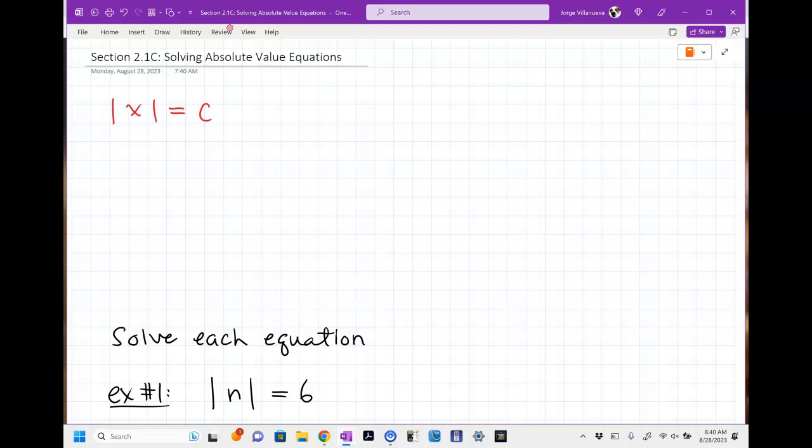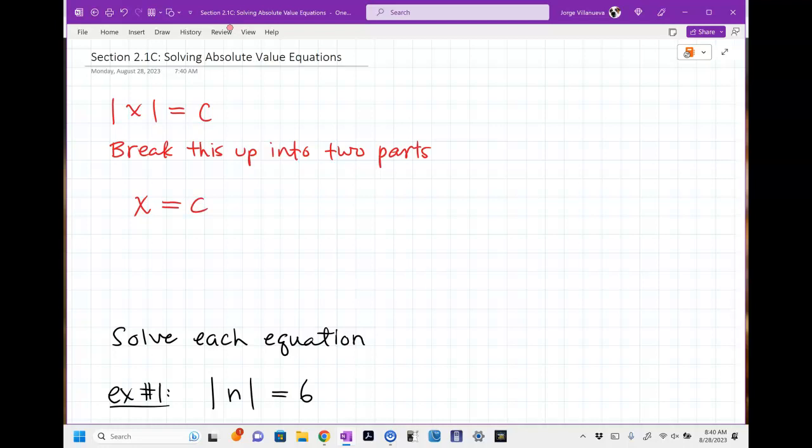You're going to break it up into two parts, okay? So I'm going to write that down right here. Break this up into two parts. And it's pretty easy how to do it. The first part is just rewriting the problem without the absolute values. So x equals c.